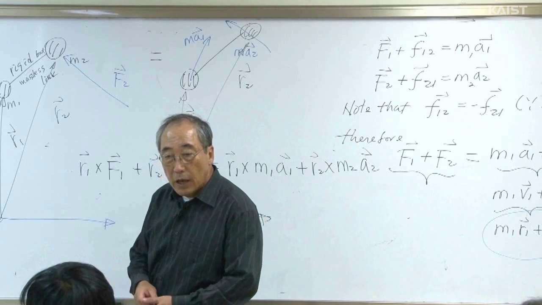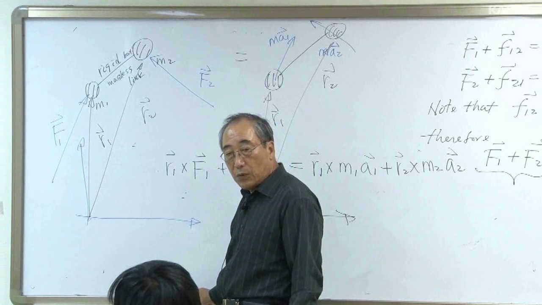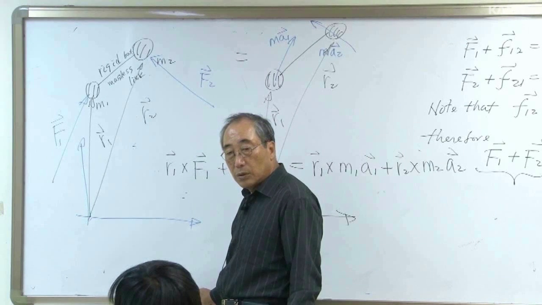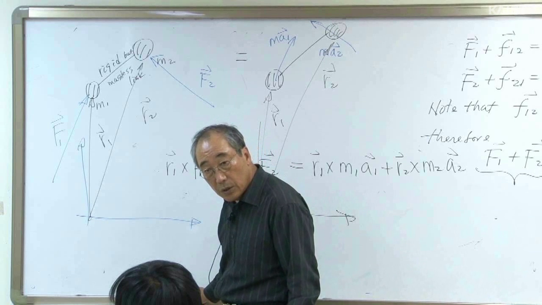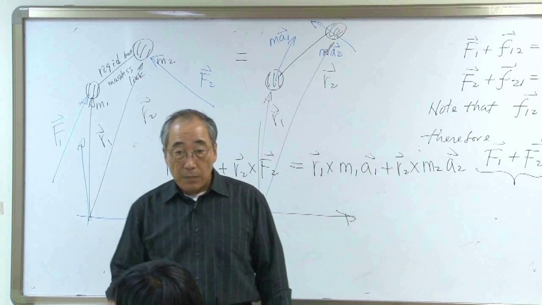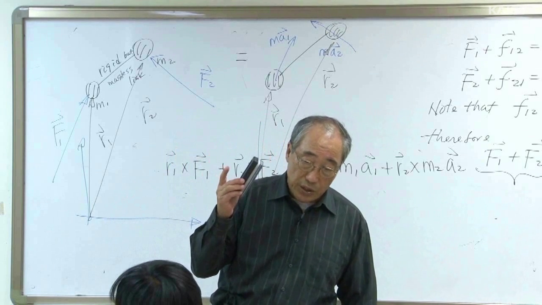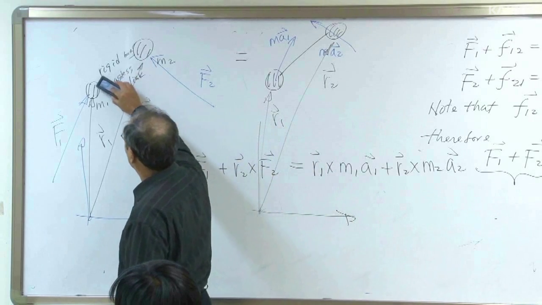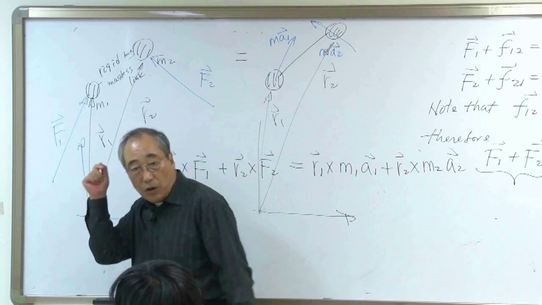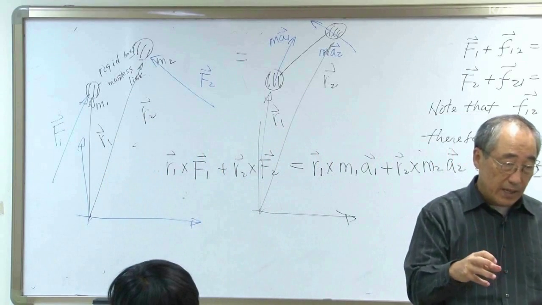But you can say, no, you didn't consider all the external force. Do I have to consider all the external force, internal force? And somebody asks, because Newton's second law has to be applied to each mass, so you have to consider all the internal force, because this equation is valid only for each individual mass.